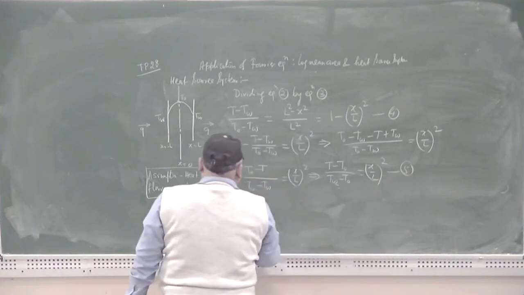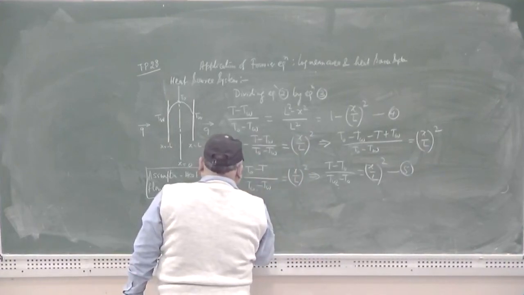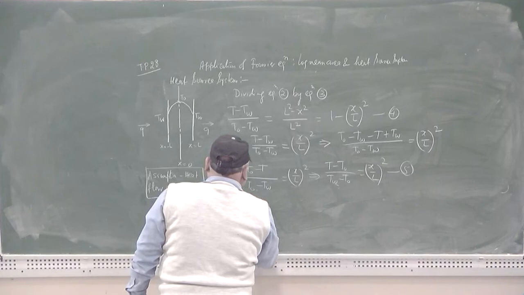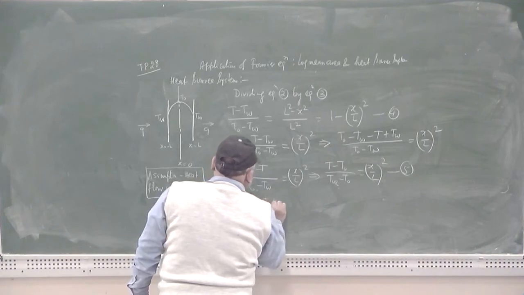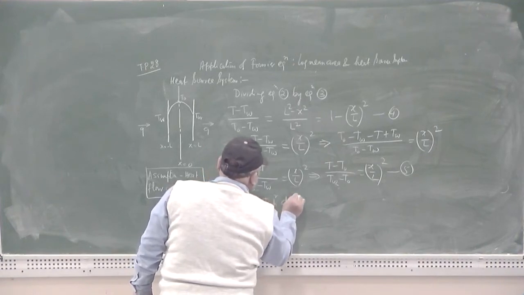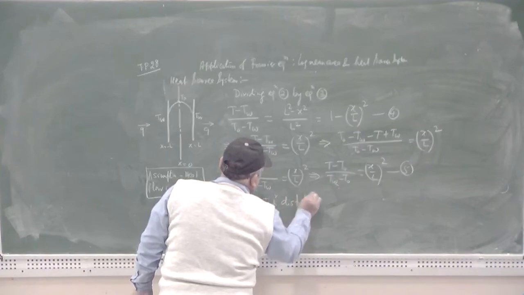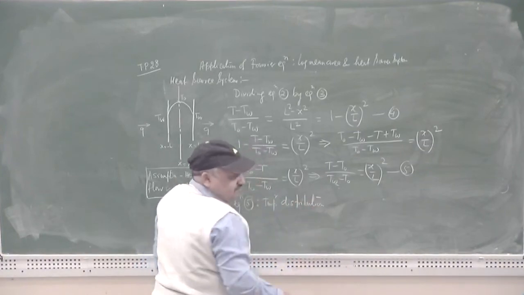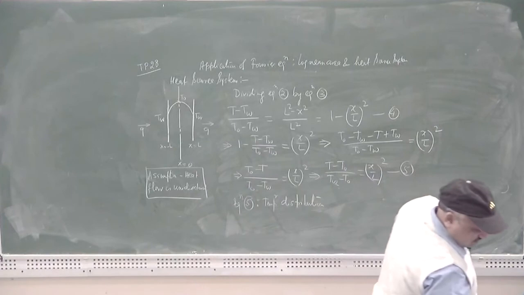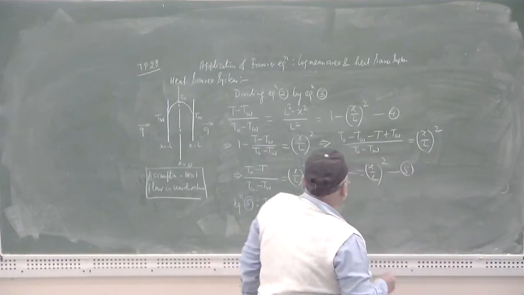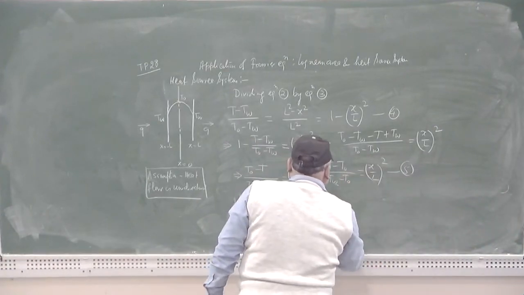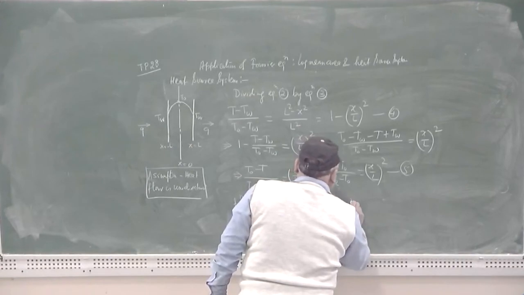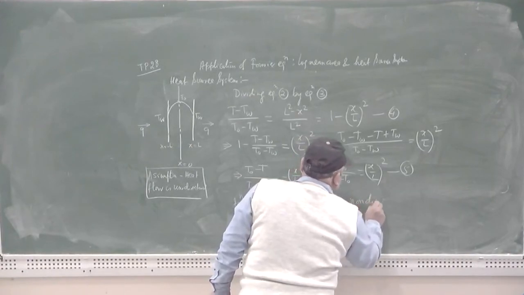Equation number 5 is the temperature distribution equation in non-dimensional form.